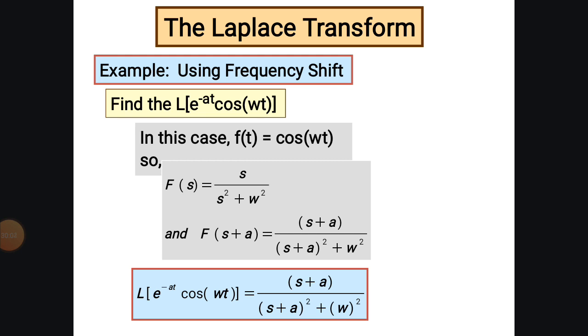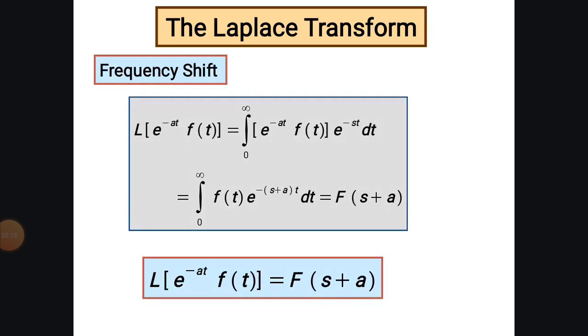What we are doing is writing the formula for Laplace of cos omega t, s upon s square plus omega square, and then writing Laplace of e raised to minus at into cos omega t. That is, we are applying the formula. If we multiply the function by e raised to minus something, then we have to add it to s, and if it is plus something, then we have to subtract it.